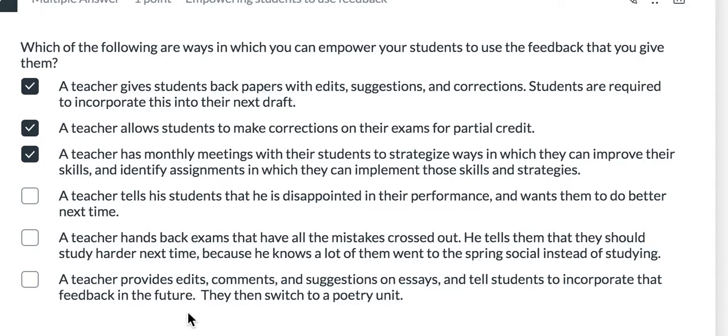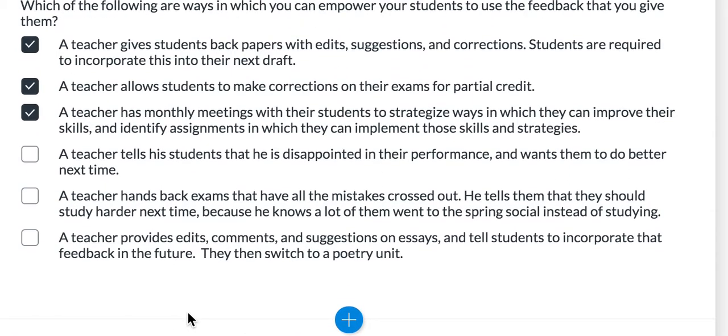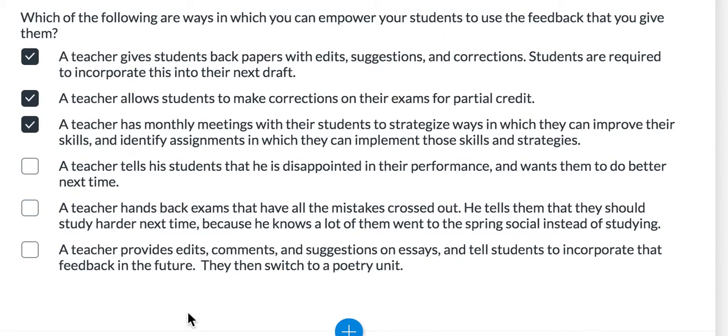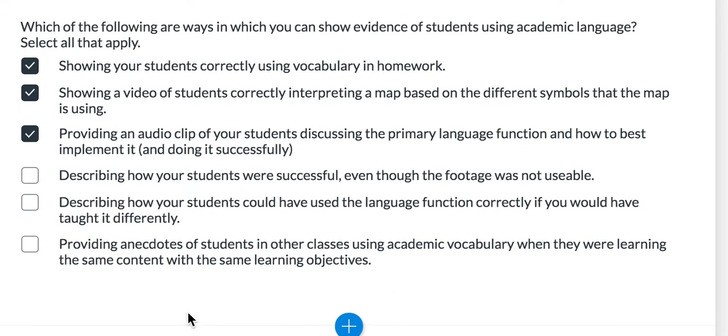So just saying they're disappointed, giving them feedback on their paper, the feedback could be great, but if there's no reason why the students should look at it or use it, or they're not going to get anything from reading it, then it's not really empowering them to use the feedback. So make sure that when you're talking about this particular skill, you are somehow creating an opportunity or a requirement for the students to actually use the feedback that you give.